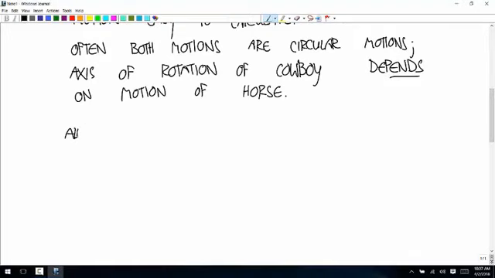We're always going to choose, yeah, definitely in this case, that's true, yes. So always choose a coordinate system that's fixed to the horse.